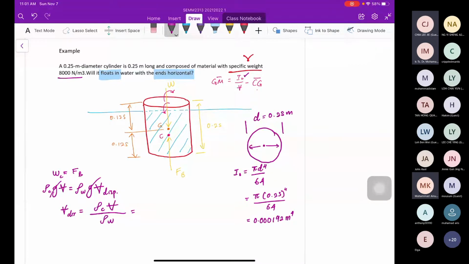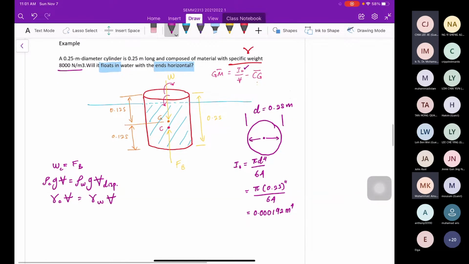So better not remove the G. We convert directly from here. Rho multiply with G is gamma of cylinder. Rho multiply with G is gamma of water. Very simple. Okay, this is displaced. So volume displaced is equal to gamma of cylinder multiply with volume divide with gamma of water.